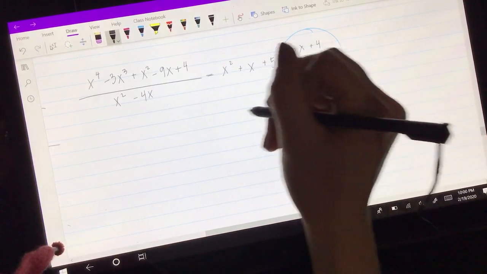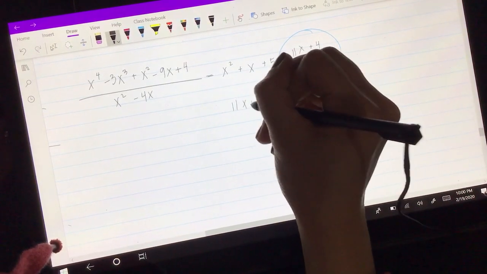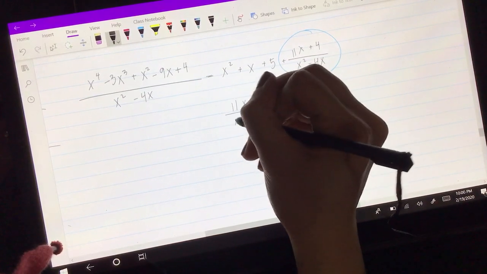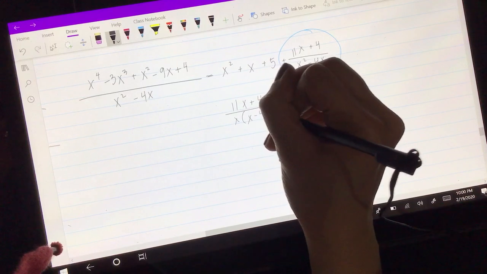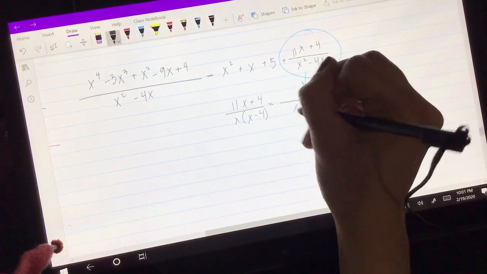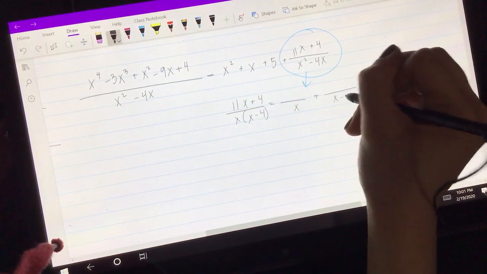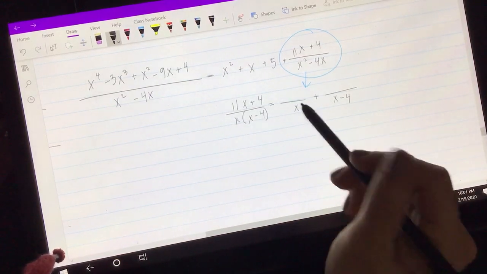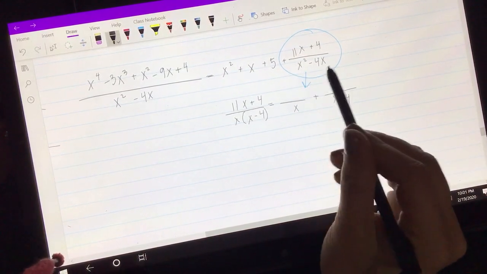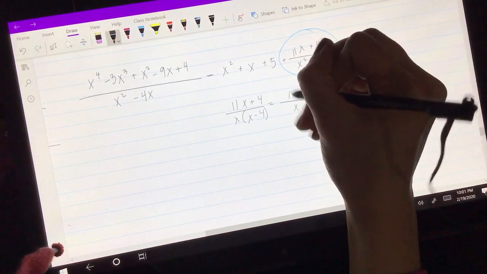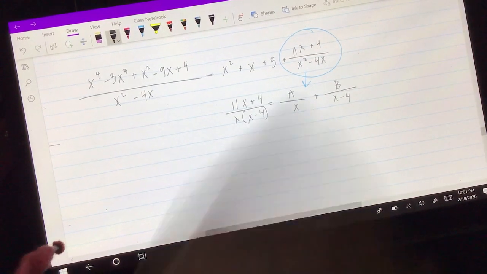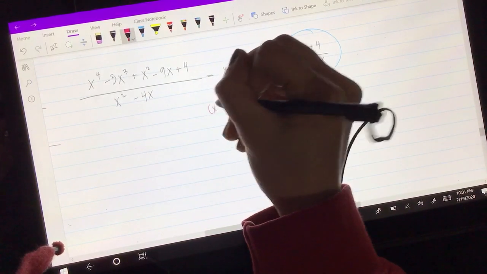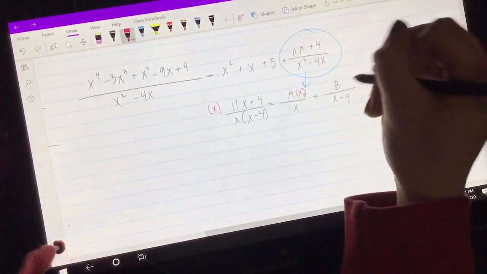So our factors are x times x minus 4, because x is your GCF, it's the greatest common factor. Remember, we write our numerators as a and b. Multiply by every factor you see in the denominator.